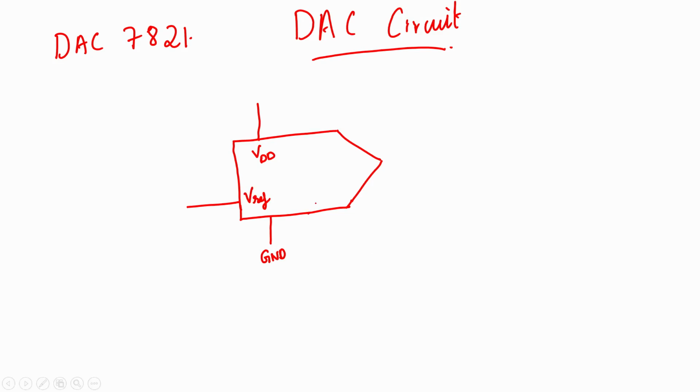Except for oscillators, which are self-generating, most ICs would need an input. Here, because it is a DAC, we need the input. Our input is a 12-bit parallel digital input, because it is a digital to analog converter. So that is D11 down to D0.